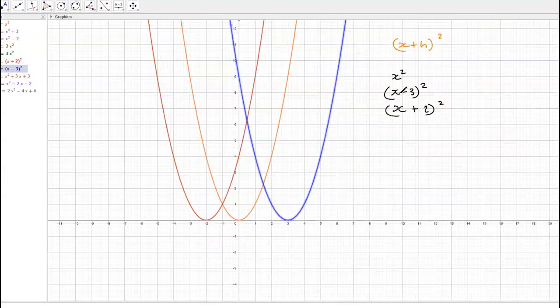Here we have a function x plus h squared. We have x squared, x minus 3 squared, x plus 2 squared. This h value shifts the function left or right along the x-axis.